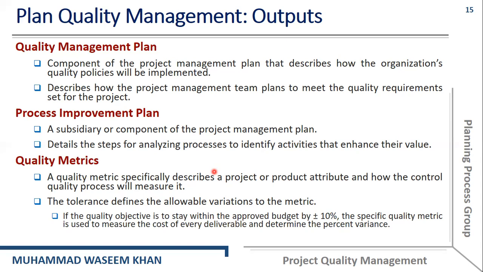For example, the basic size of the mechanical part should be 5 kilograms. Then you can say it doesn't matter if the size of the part is 5.1 kilograms or 4.9 kilograms. And that is called an allowable tolerance.